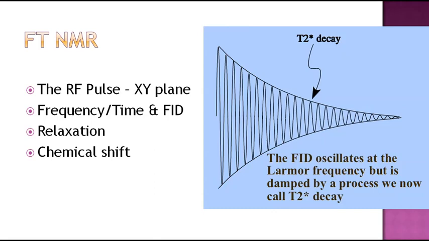From that XY plane, it slowly relaxes back to the Z axis again, and that is called the relaxation process. At the time of the pulse, in the XY plane, it has this much frequency, and it slowly relaxes and comes back to the original.